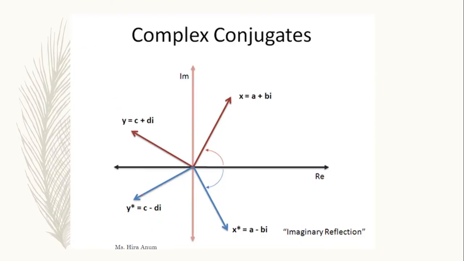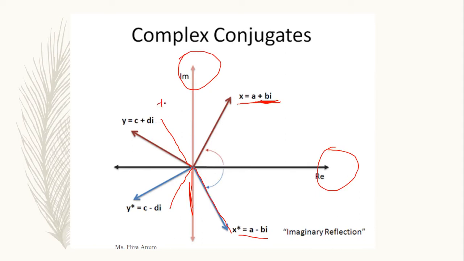Here you can see the imaginary number and its complex conjugate. Only the b part, the imaginary part, changes sign. If we draw it here, the real line stays the same, but the imaginary part changes.